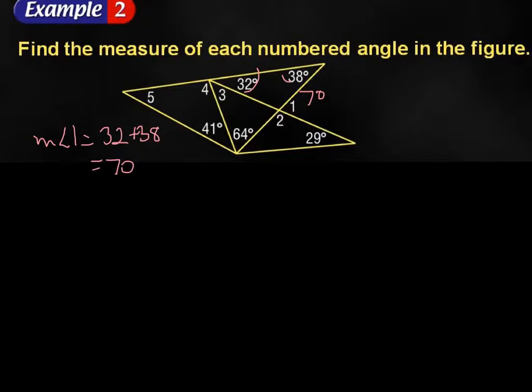Okay, now that I know angle 1 is 70, angle 2 is supplementary to that. So the measure of angle 2 must be 180 minus 70, so it must be 110. Which is believable, it's an obtuse angle.